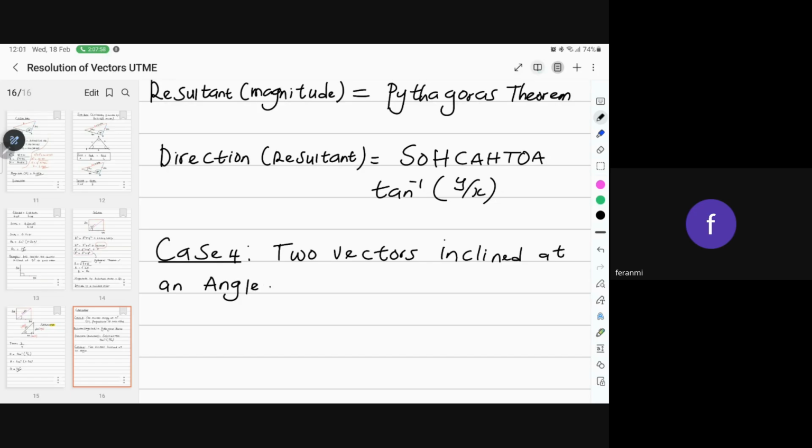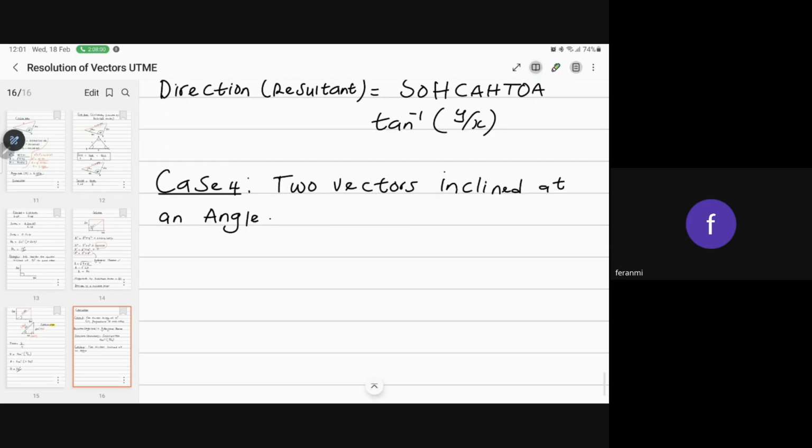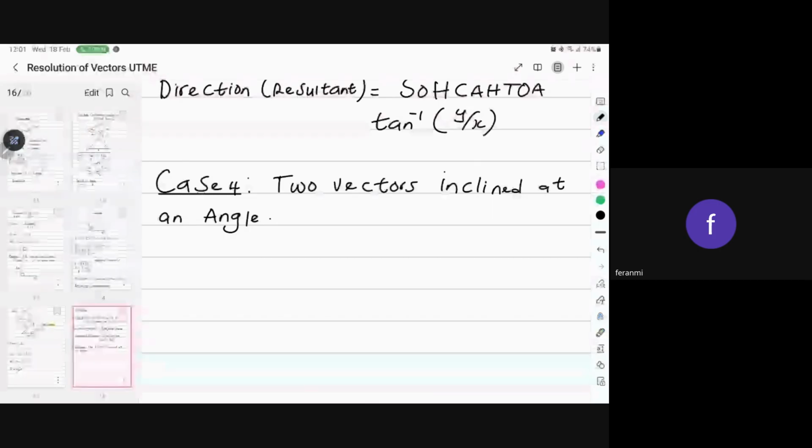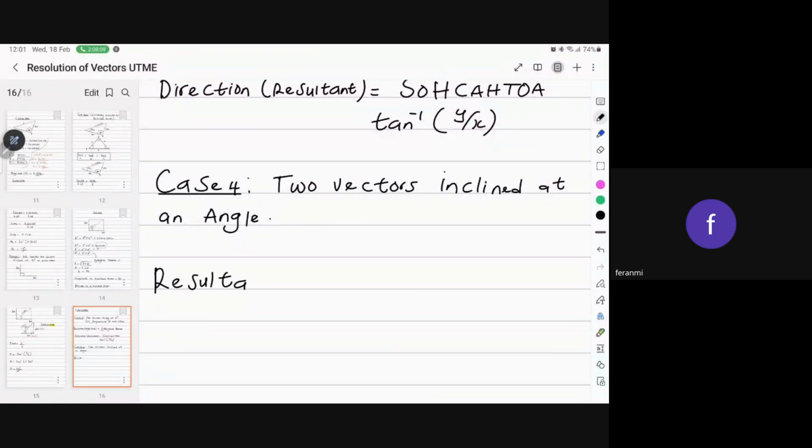Two vectors inclined at an angle. So you use what for the resultant, which is the magnitude? Use the cosine rule.